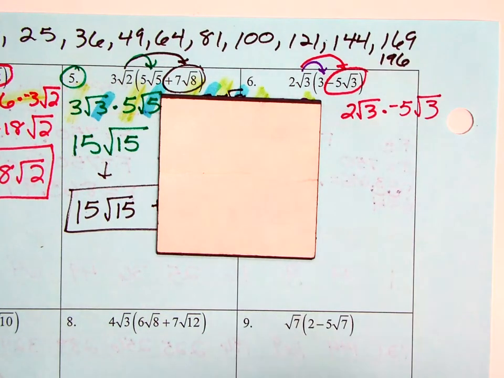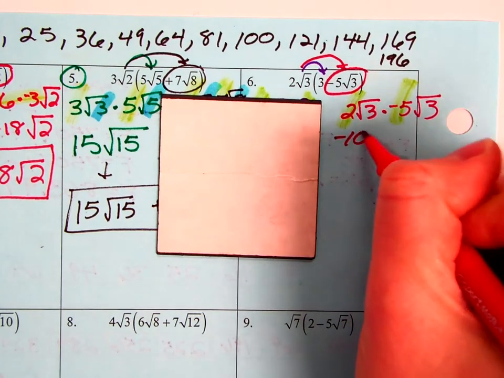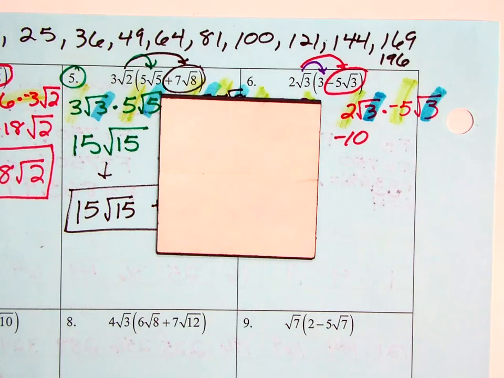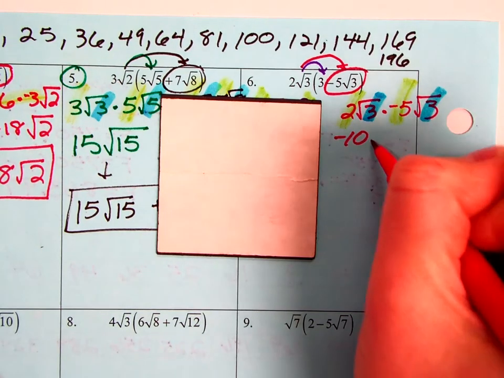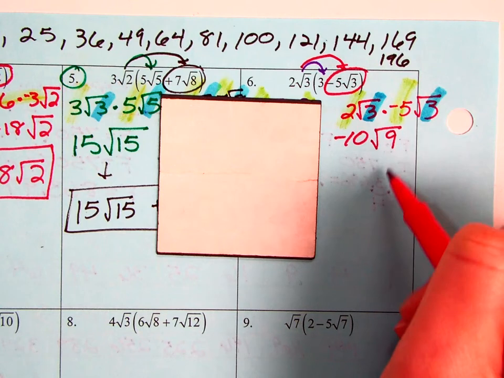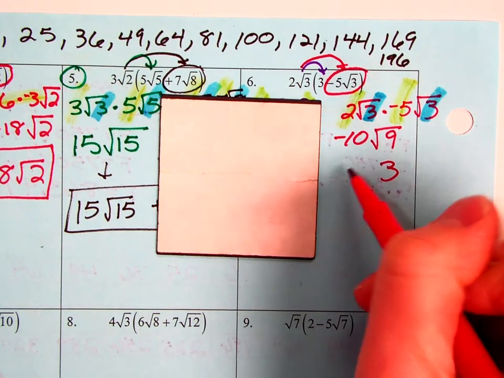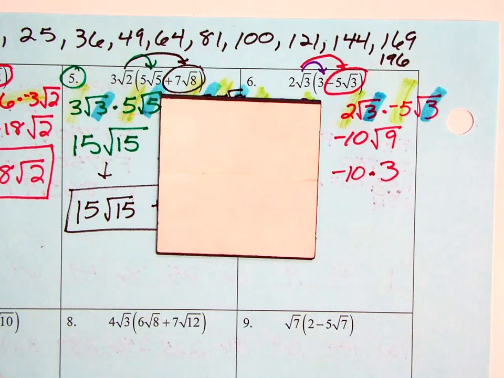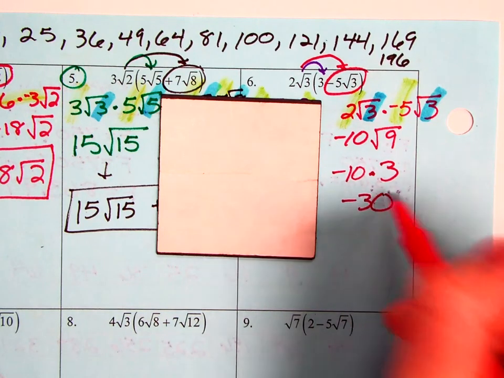Again, we can multiply our outside numbers together, so 2 times negative 5 is negative 10. Then we also must multiply our inside numbers, so 3 times 3 is square root of 9. 9 is a perfect square, so the square root of 9 is 3. So we bring down the negative 10. Since there's no symbol, that means we multiply to get negative 30.